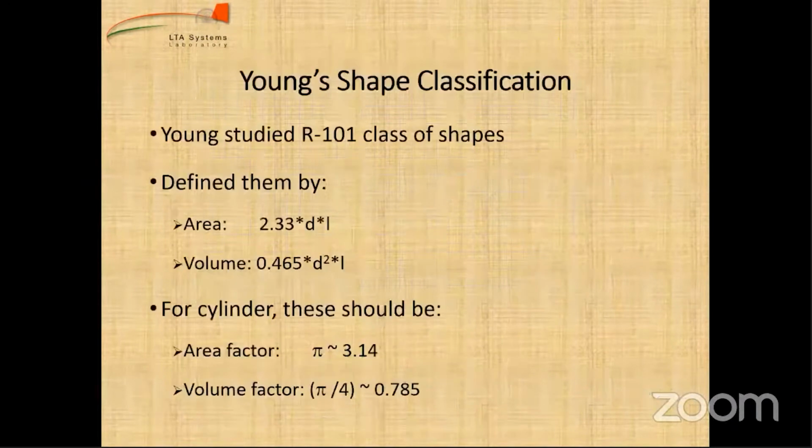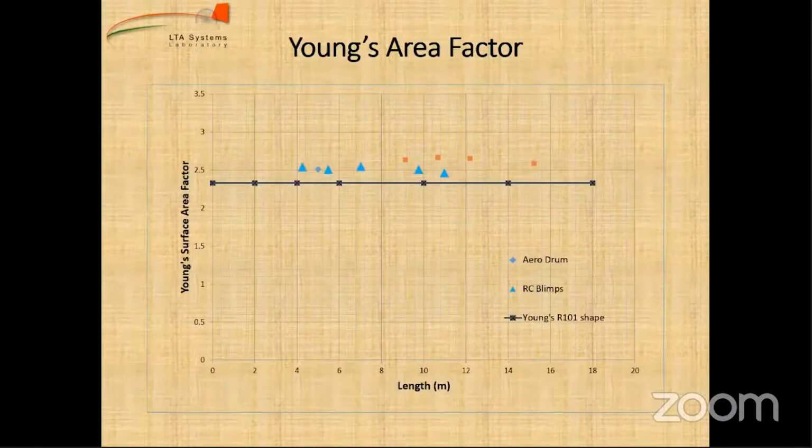Correct? Now, a similar study has also been done by a person called Young, who studied the R101 class of airships, and out of his experience he defined certain area and volume factors for those airships. Again, these are empirical data, so they are biased towards large airships, and this is what they found.